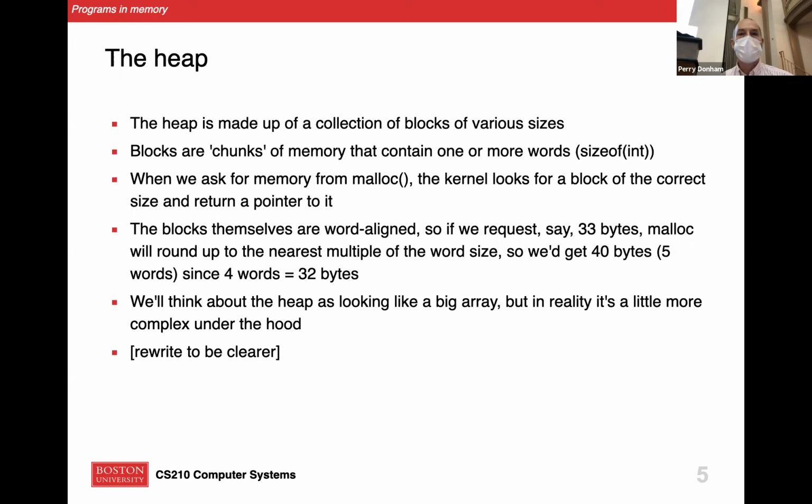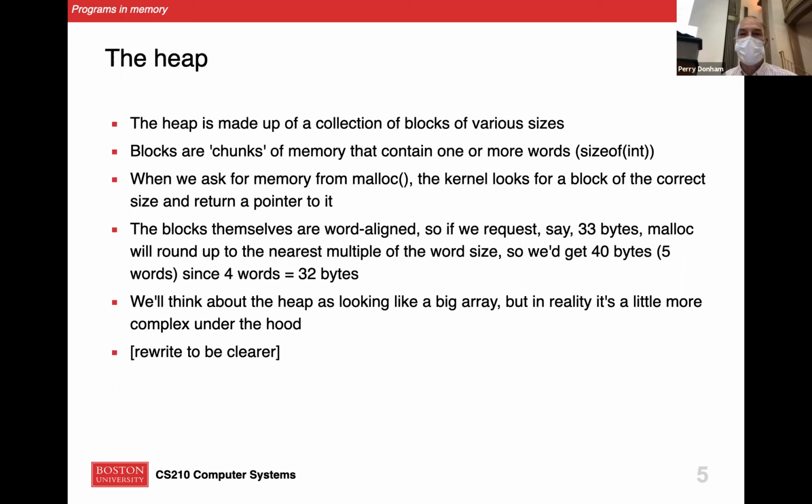I can only allocate in units of 4 bytes on this machine that's using a size of int of 4. So I'm kind of limited. The smallest thing I can allocate really is 1 block, which is 4 bytes. If I ask for 3 bytes, I'm still going to get 4 bytes back because it's going to give me even multiples of the block size, which is 4.